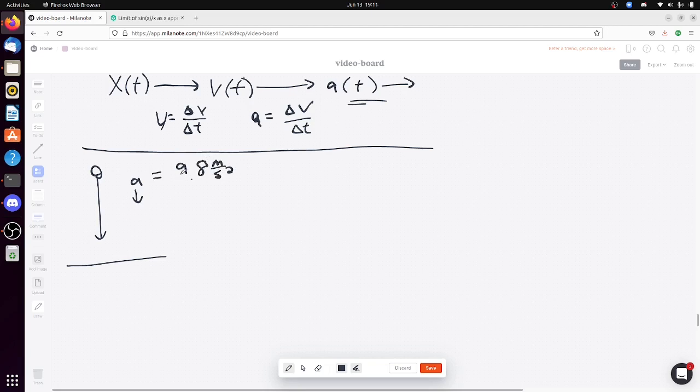So if the ball's up here, the speed is changing 9.8 meters per second per second. If we're down here, it's changing 9.8 meters per second per second. Or I'll say 9.81. This is really an approximation. You remember the law of gravity, it does speed up as it gets closer, but this is such a small distance in proportion to the total radius of the Earth that it's really negligible. So we're forgetting about that.